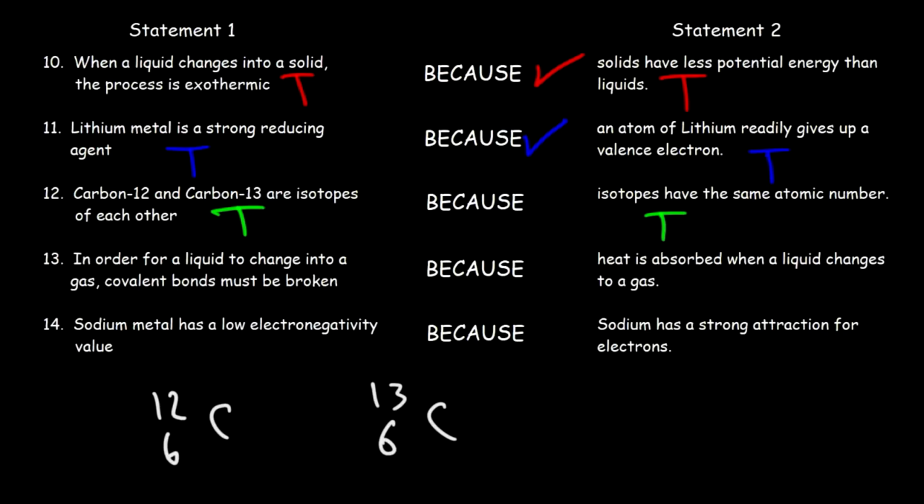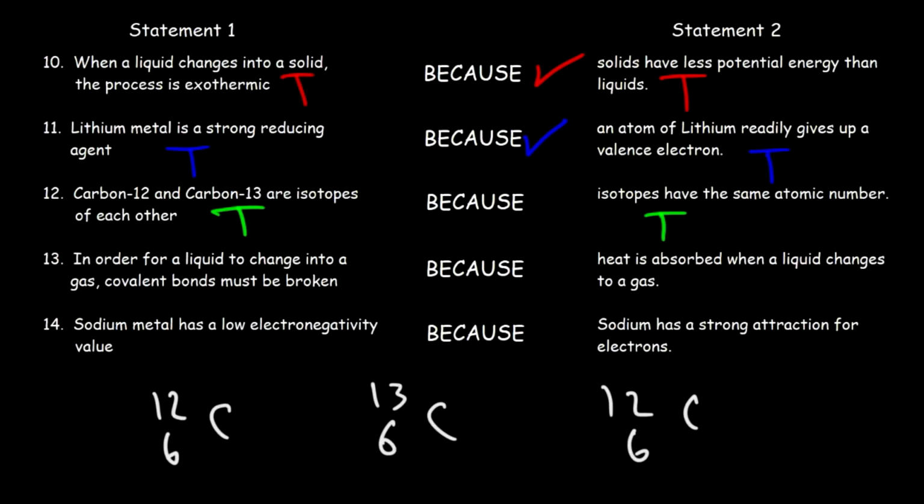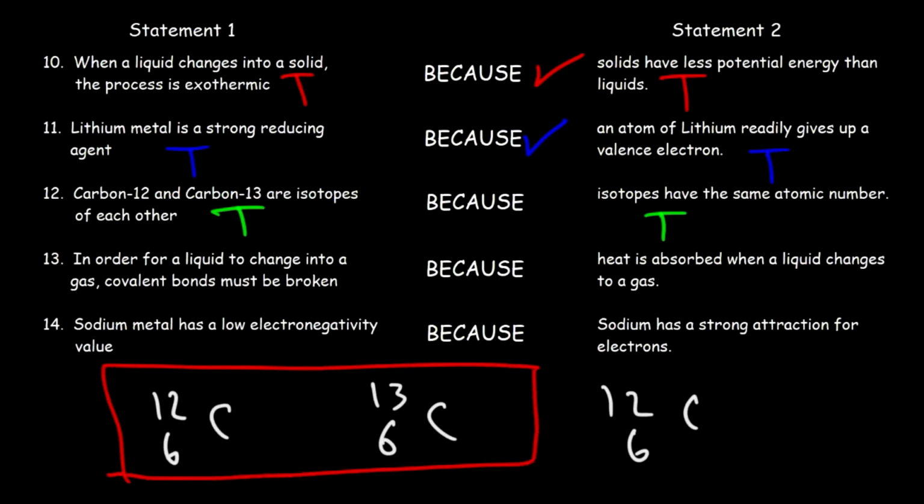No. Because let's say if we have another carbon-12 atom, these are not isotopes of each other, yet they have the same atomic number. Now, the reason why these two are isotopes of each other is because they're composed of the same element, but they have different mass numbers, and thus they have different numbers of neutrons.